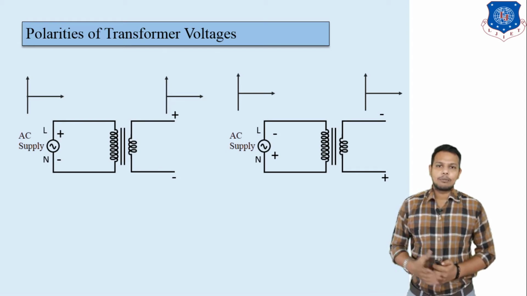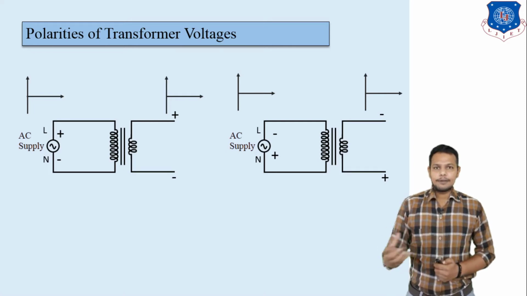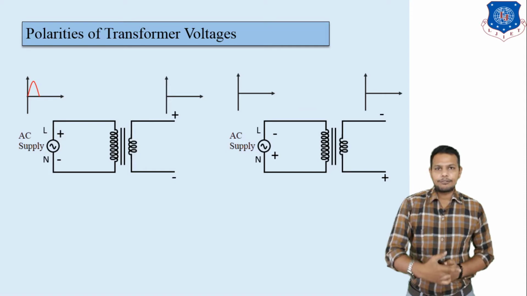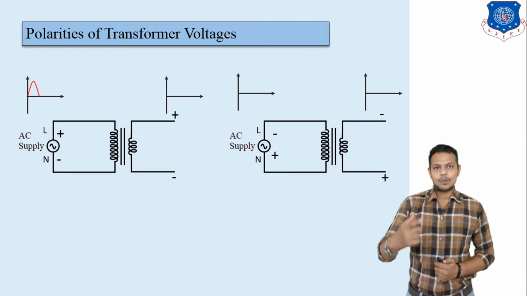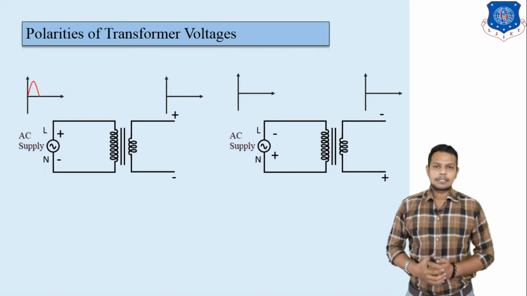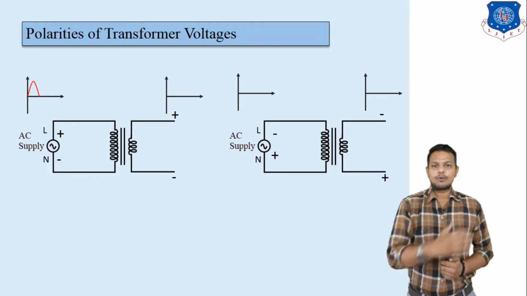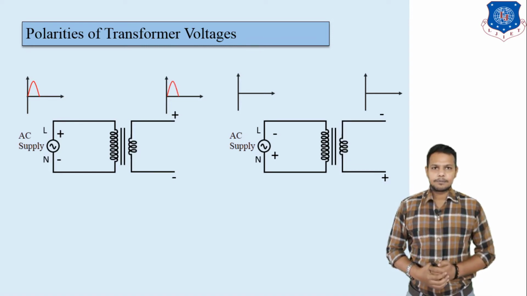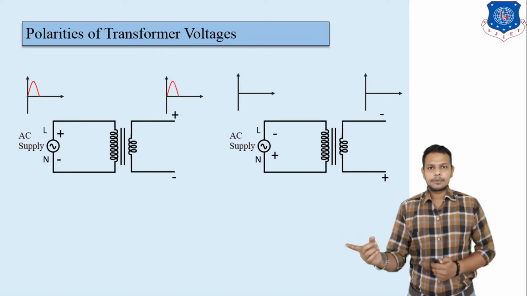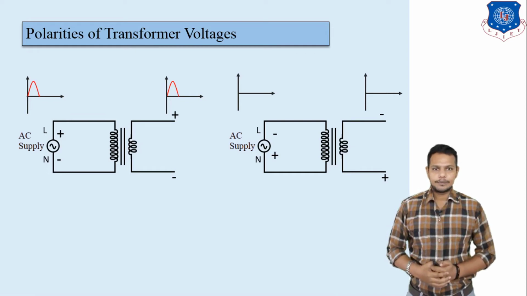Current always flows from line to neutral, or we can say live to neutral. So if we enter a positive waveform, we can see the polarities plus and minus. If you enter positive, then you will get positive at the output side.